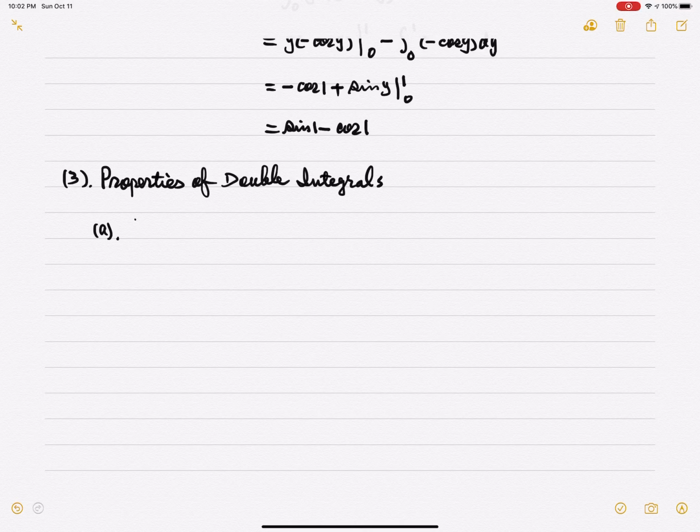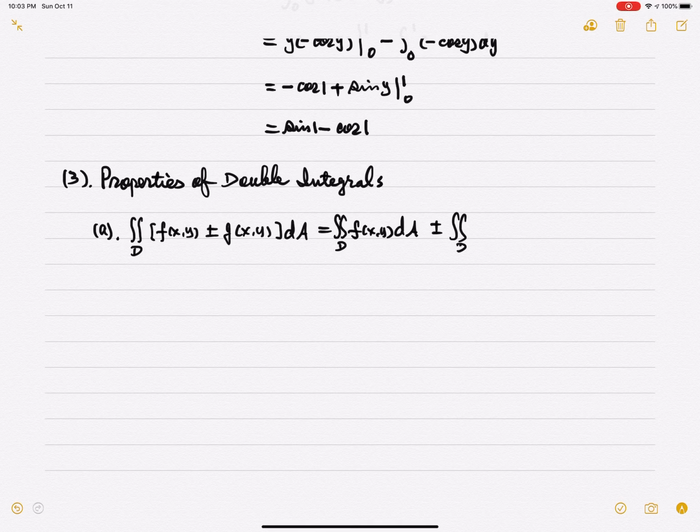Now this one we say, the double integral over D of f(x,y) plus or minus g(x,y) dA. So that means the integrand can be broken into two parts. Okay, so this is just equal to the double integral of f(x,y) dA plus or minus the double integral of g(x,y) dA.